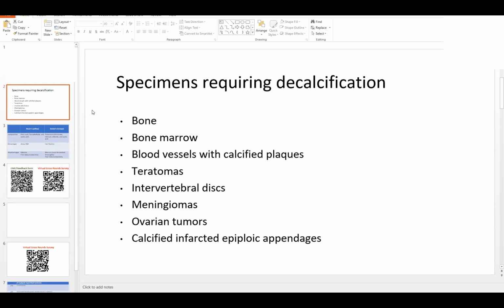So some great examples there: bone marrow, vessels with calcified plaques, and that also goes with valves, teratomas, of course, someone had mentioned discs, right? Meningiomas, some meningiomas would require that, some ovarian tumors would as well. Once in a while, you'll get epiploic appendages that are infarcted and calcified. Those can be quite calcified.